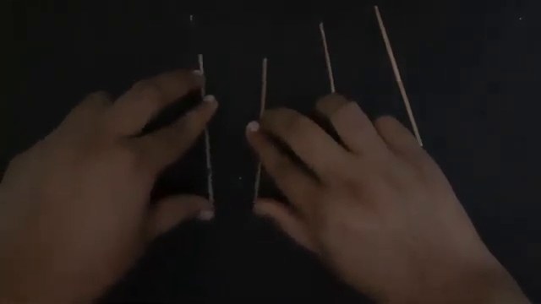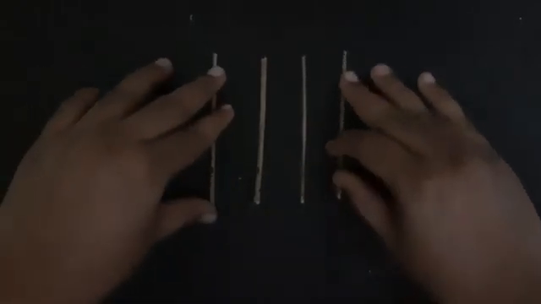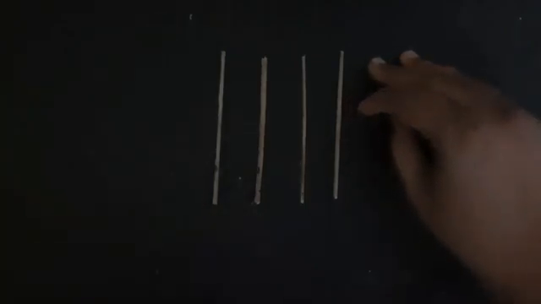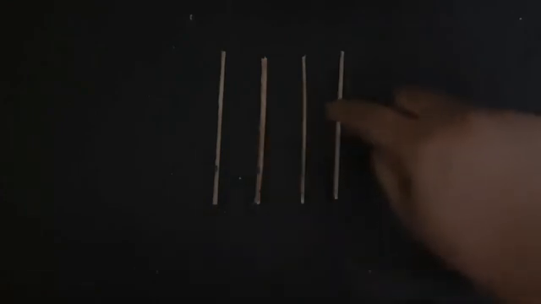First we'll arrange the lines and check their length. So what can you see from this? Very good children. The lengths of these lines are the same, right? All these lines have the same length.